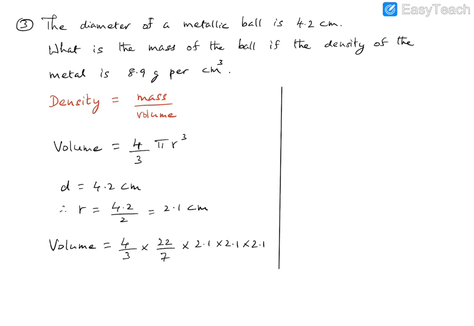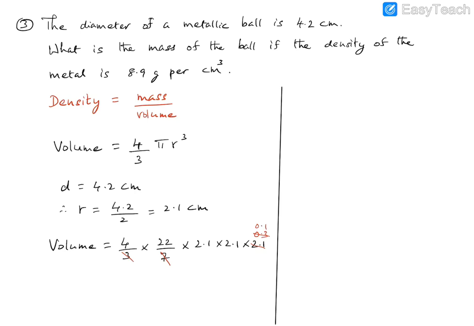So I'm going to divide the page into two parts here, so we can do the rest of the problem on the other side. Okay, so we have now the expression for the volume of the metallic ball. So we can simplify a few things here. The 7 can go into this 0.3 times, and the 3 will go into this 0.1 times.